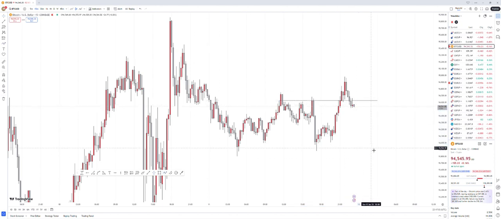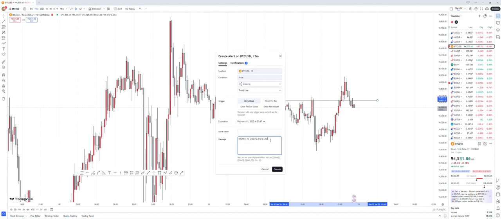All you are basically going to do is, after you mark out that level, you click on the level and then you go to the editing pane of the level. You're going to have the alert over here. You can see add alert. You just click on that and then you type the message you want the market to notify your phone with.